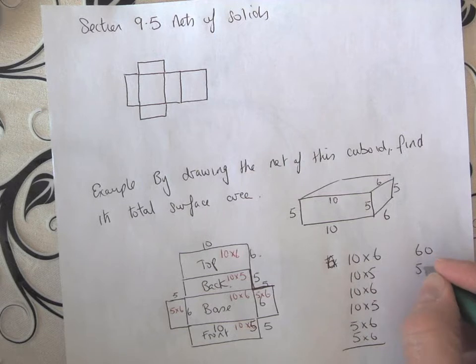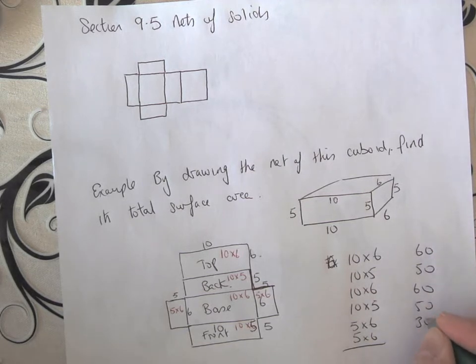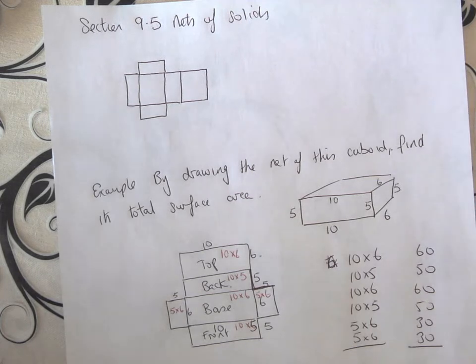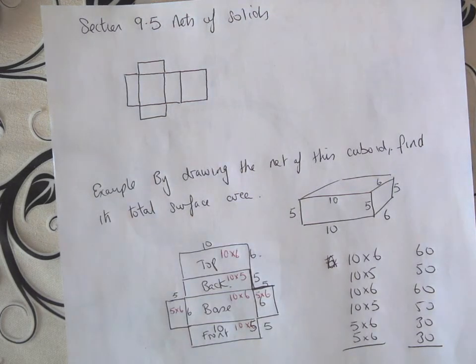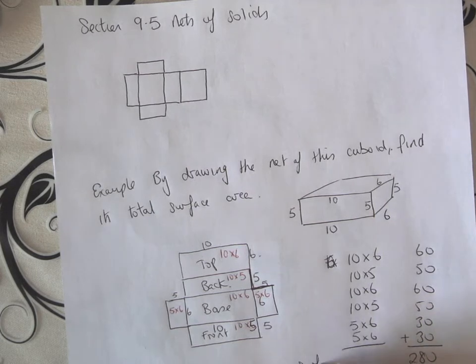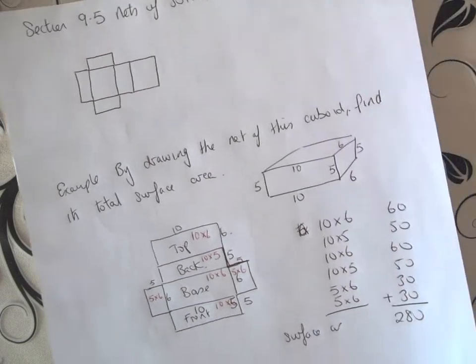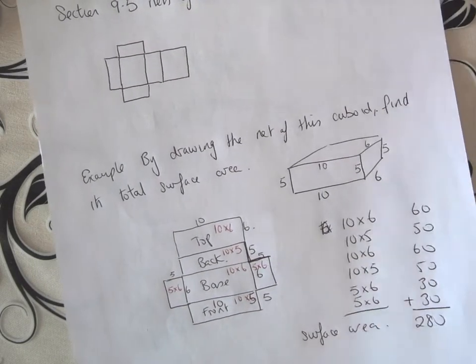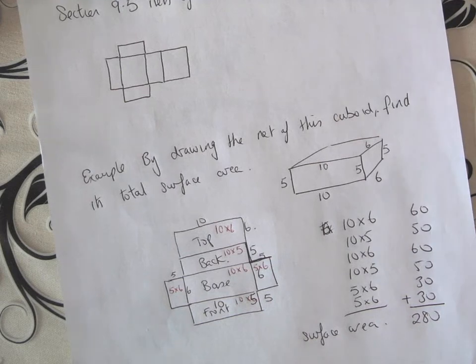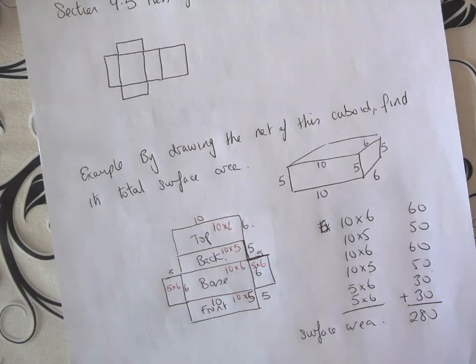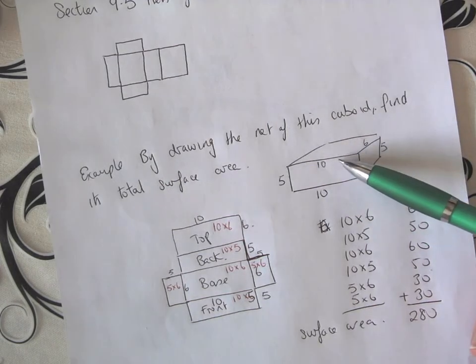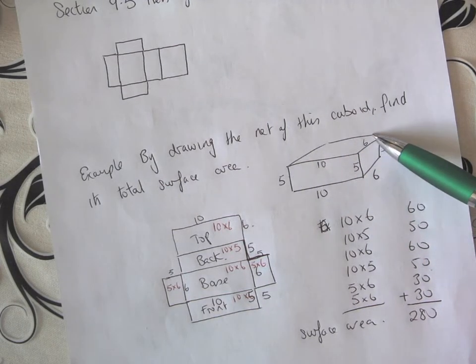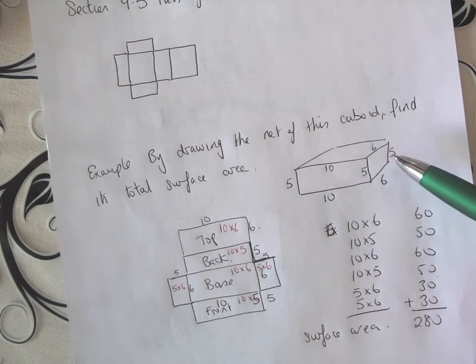So 60, 50, 60, 50, 30, and 30. You add them all together, so the surface area is equal to 280. That's if it asks you to flatten it out into a net and get the surface area. We could have got the surface area the way we did previously, which is get the area of the front multiplied by 2, the area of the top multiplied by 2, and the area of the side multiplied by 2.